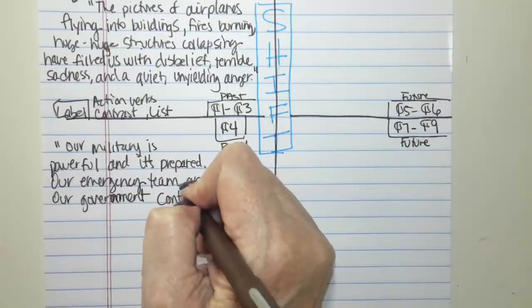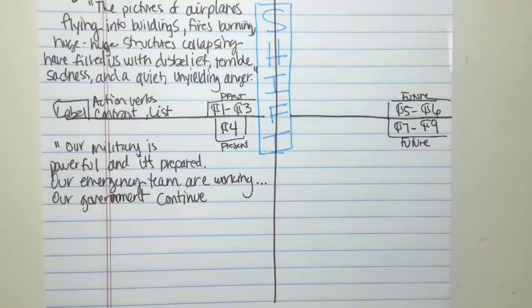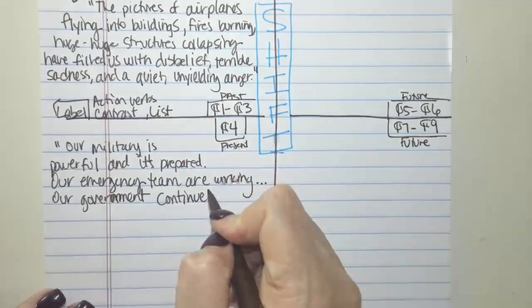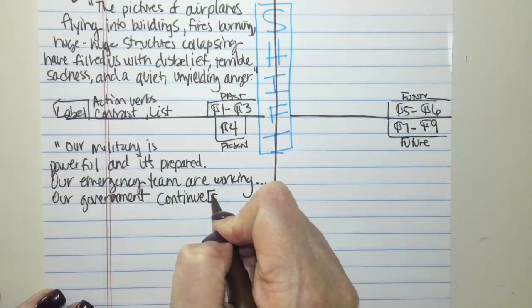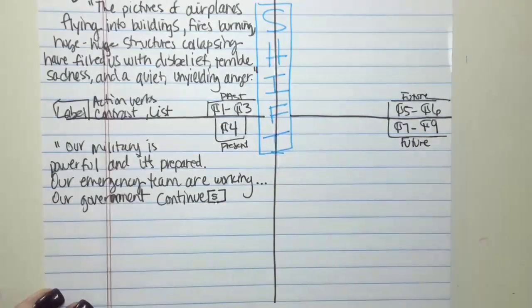Now, continue, does that fit grammatically in there? Our government continue. So what should it be? Continues. So if I have to change something to grammatically fit, put it in brackets. Yep, square brackets, right?